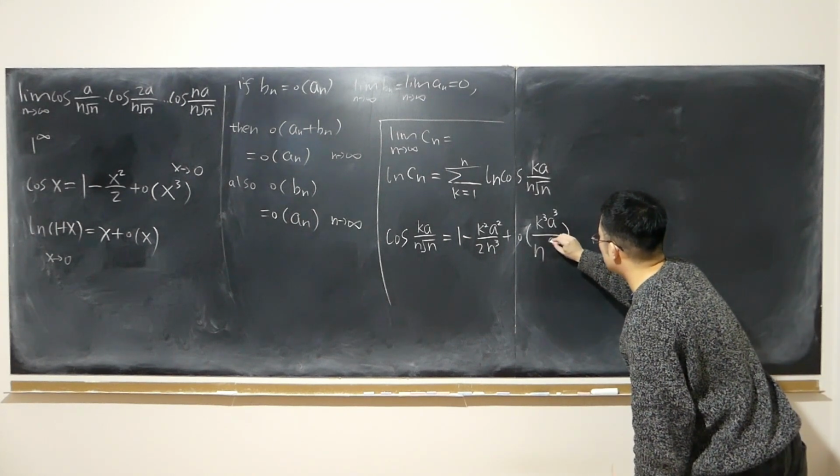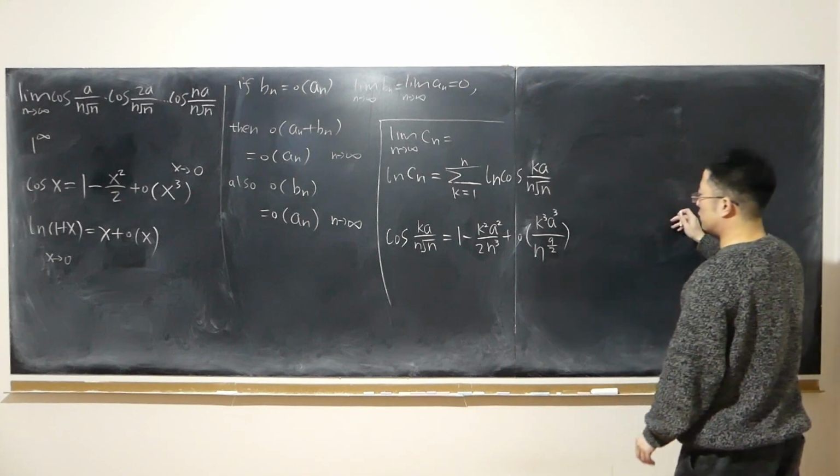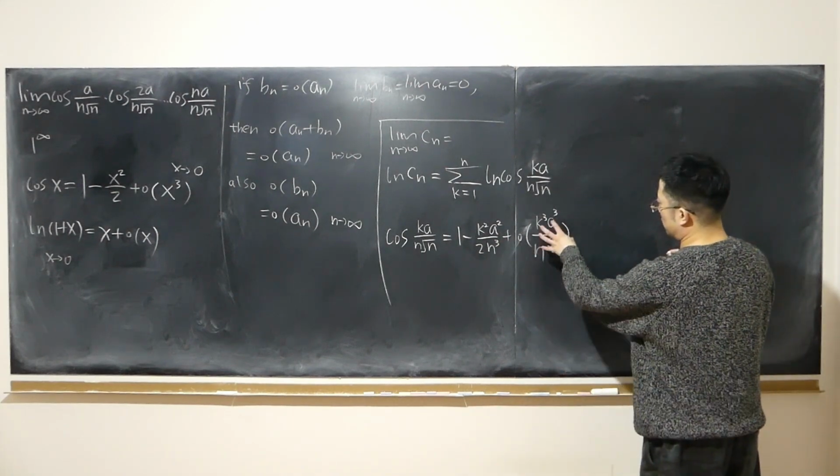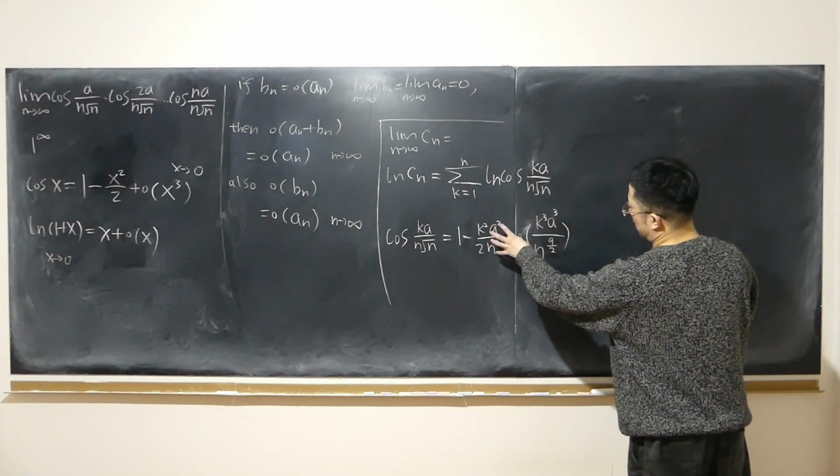So n to the power of 9 over 2, that's 4.5, bigger than 3. So this may be approaching 0 faster than that, obviously.